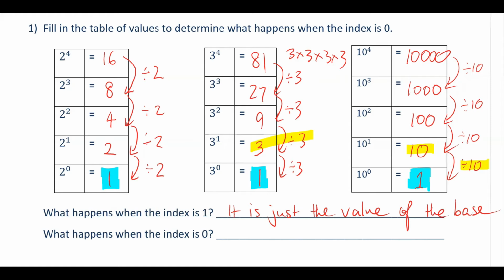And what happens when the index is equal to 0? It is just equal to 1.